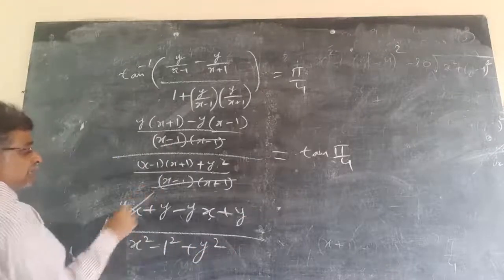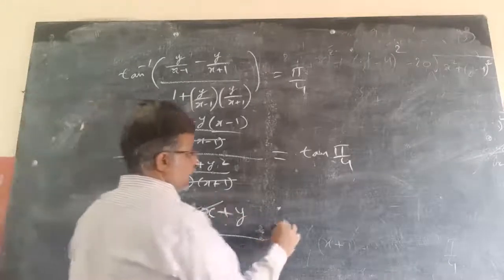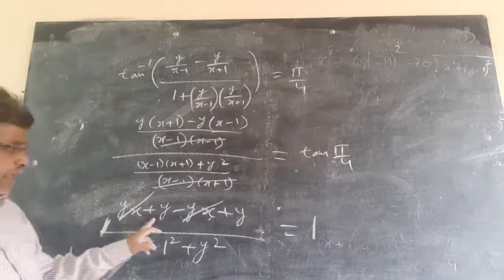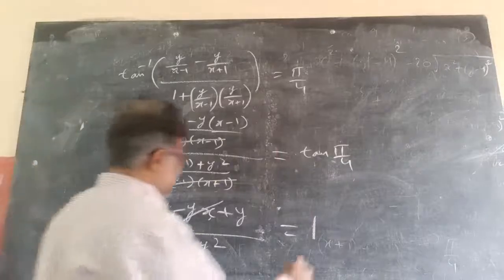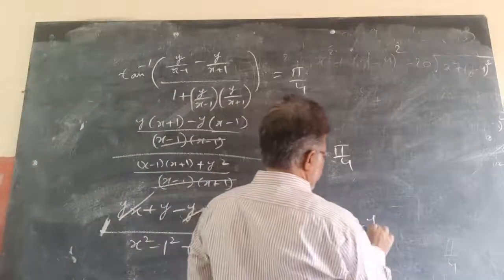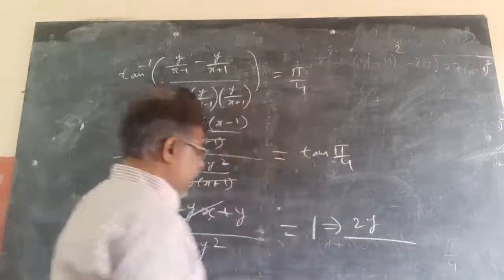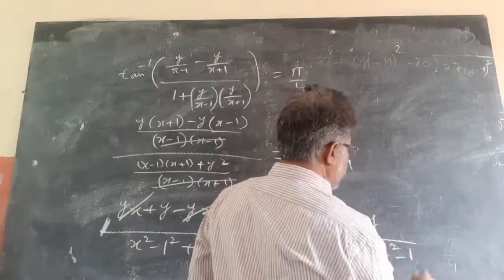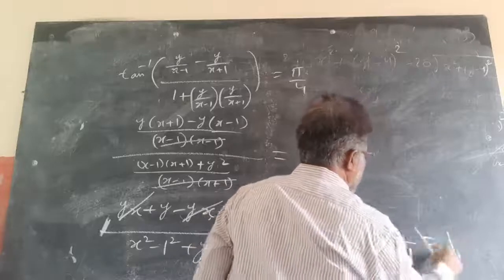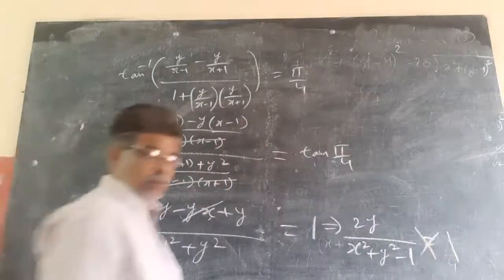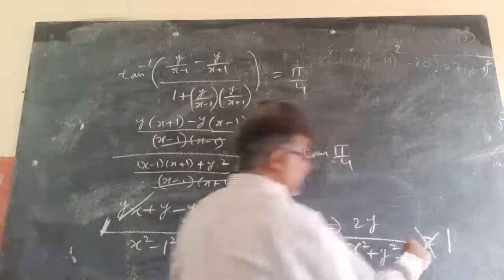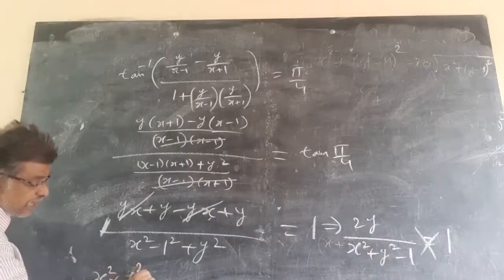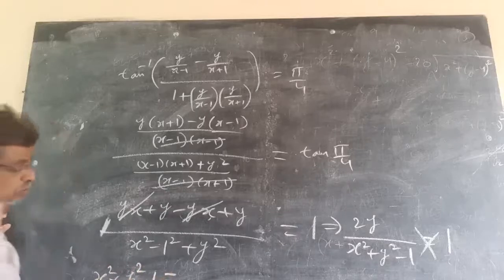The yx terms cancel, and tan 45 is 1. So y plus y is 2y. This implies 2y by (x square plus y square minus 1) equal to 1. Now cross multiply.